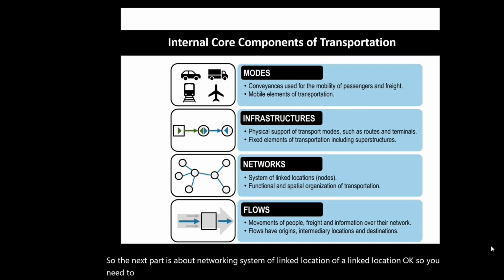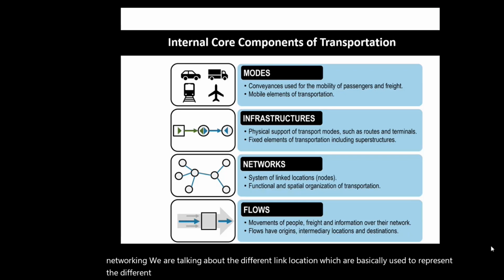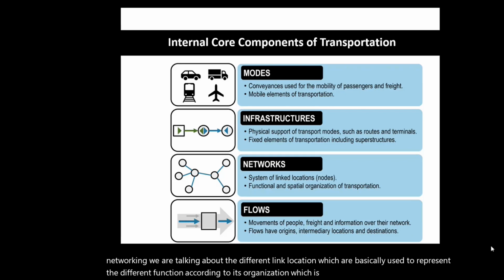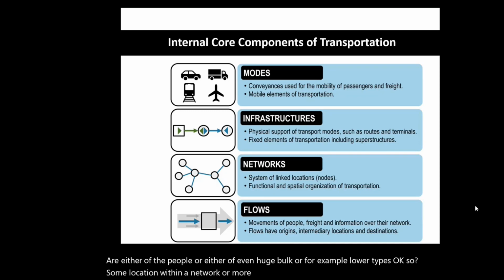For example, if someone gives you a figure, you should define that in networking we are talking about the different linked locations, which are used to represent different functions according to the organization required, or the way of mobility, either of people or of very huge bulk loads. Some locations within a network are more accessible than others. This is just one type of networking.